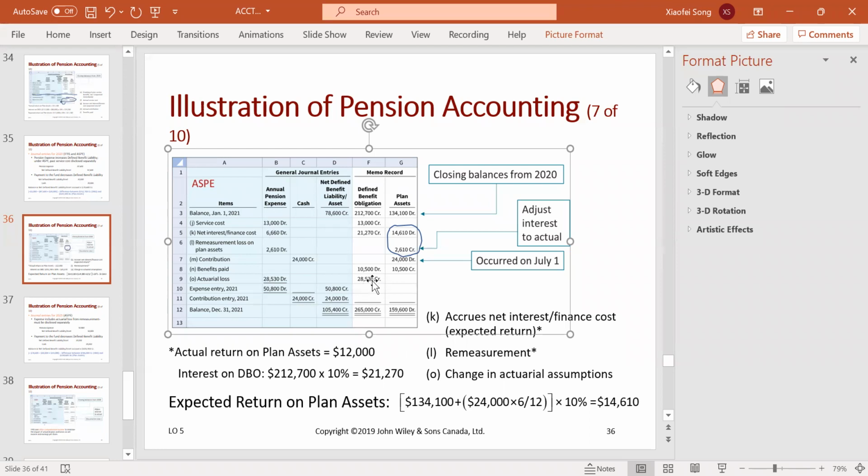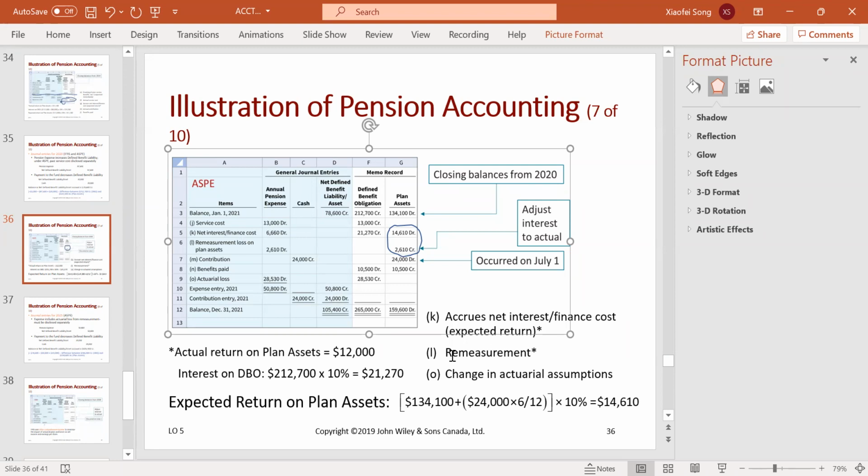And so we will have to add that to the defined benefit obligation. Under IFRS that would go into other comprehensive income, but there's no other comprehensive income in ASPE, so that goes into pension expense as well. Okay, so that's a new item.